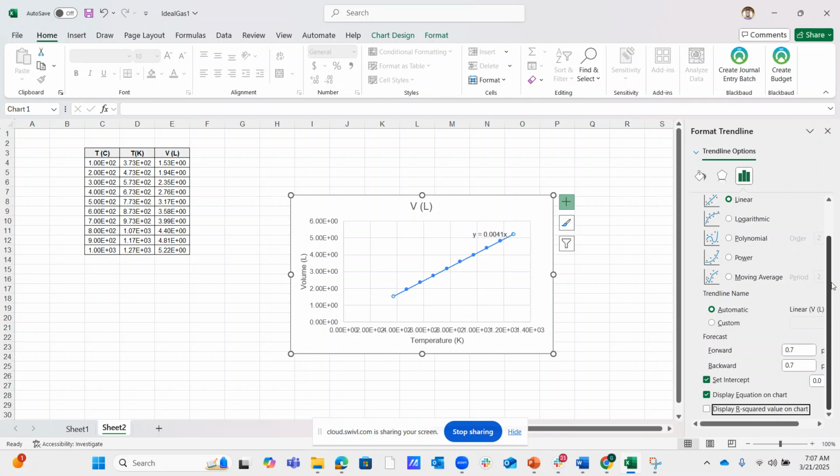So that shows us the equation of the line right there. Okay, so this is the line of the graph.